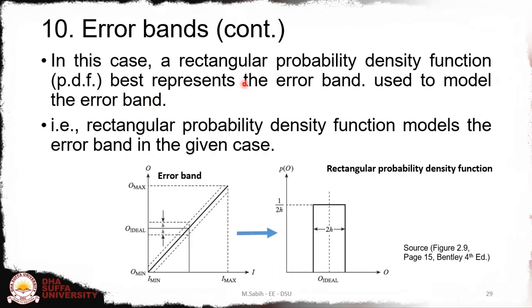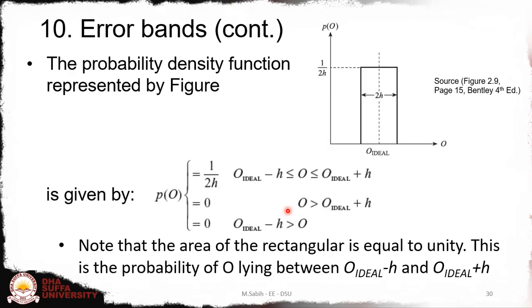In this case, for this error band, the rectangular probability function is the best one to represent it. There are many probability density functions, and one of them is rectangular. We are trying to model our variation using the error band. The formula for the error band will go like this, having a width of 2h and a height of 1/(2h).